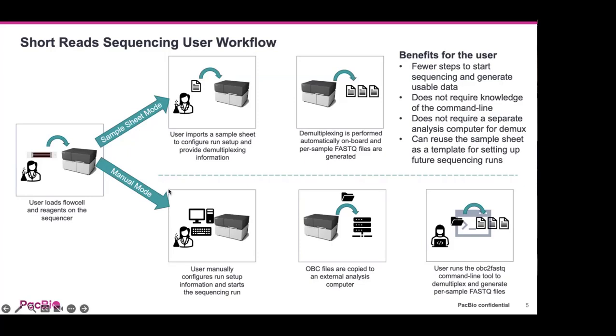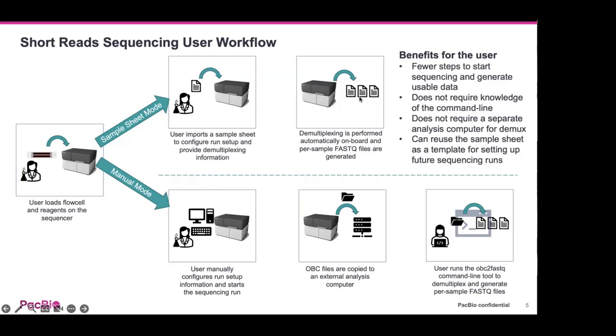There's also a manual mode, and this is for folks that have their own compute where they want to run the demultiplexing software. They can just go up to the instrument. You don't need a sample sheet file. You can just type in however many cycles you want to run for this flow cell, and however many indexes you want to use, and then it'll just do the sequencing, and you get a run folder with the raw base calls, but you don't get the FASTQ files.